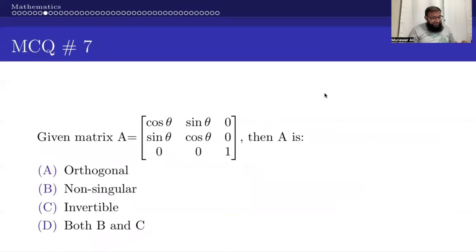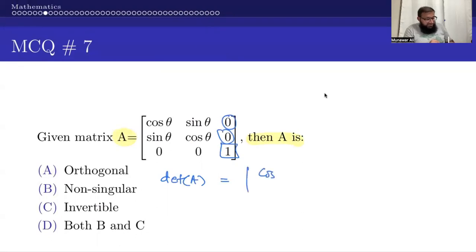Okay. MCQ number 7: we have a matrix, which is this. Then A is either orthogonal, or non-singular, or invertible, or both B and C. So first of all, what am I doing? I'm going to find the determinant of A. I can take these zeros and expand this determinant with respect to this column and with respect to 1.